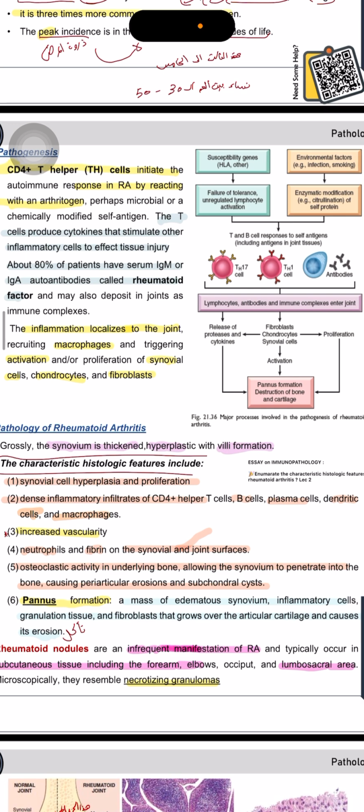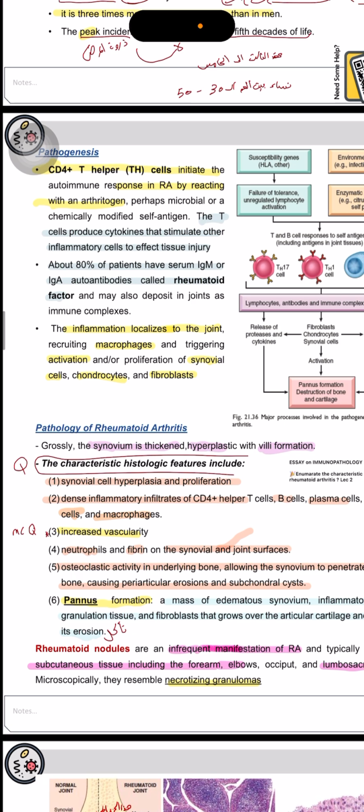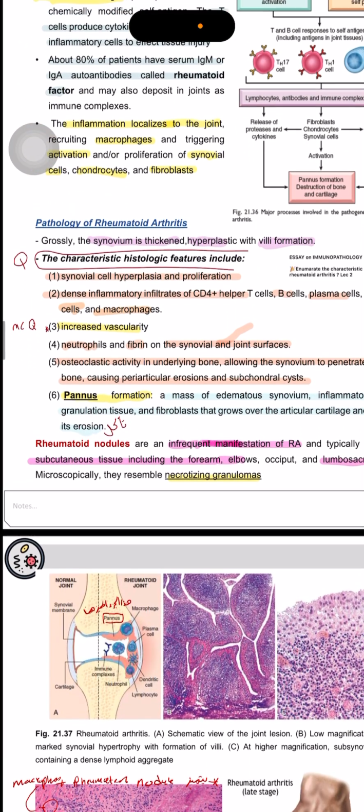Also, you see inflammatory infiltrates like CD4 cells, B cells, plasma cells, dendritic cells, and macrophages. Increased vascularity, which is a type of chronic change because of inflammation. Neutrophils and fibrin on the synovial and joint surfaces may be related to fibrinoid necrosis.